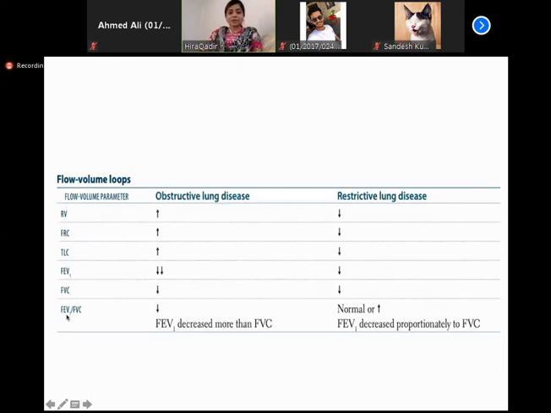That's why the FEV1 to FVC ratio is decreased in obstructive: FEV1 is decreased more than FVC, while in restrictive FEV1 is decreased proportionally. So this is the basis of obstructive and restrictive lung disease on pulmonary function tests, and this is very important from an exam point of view. These things keep coming in your exam.